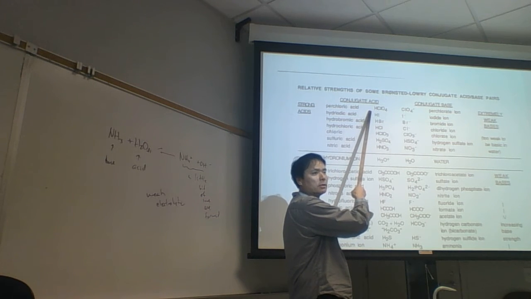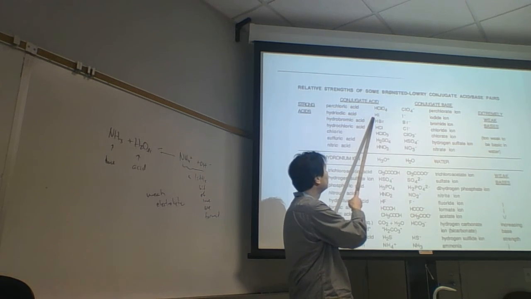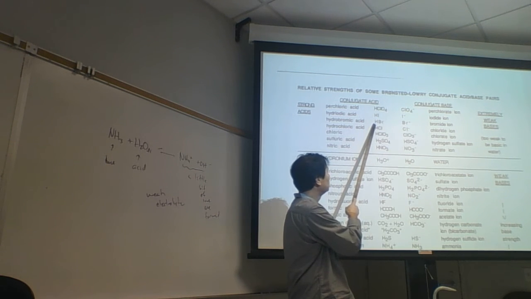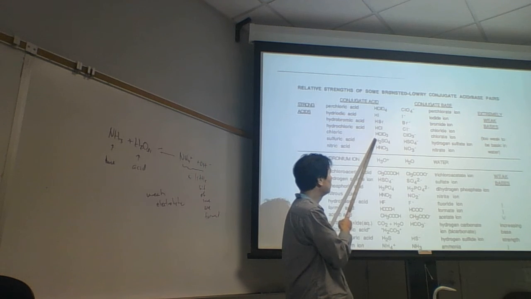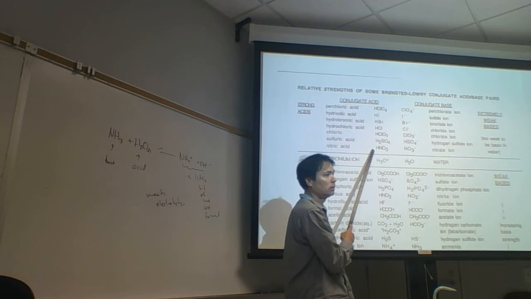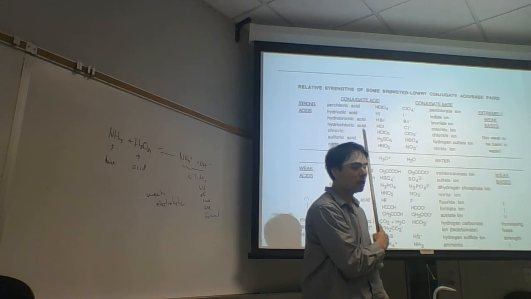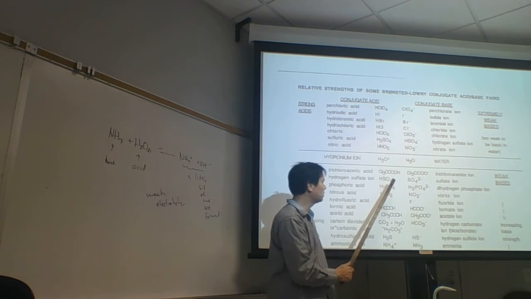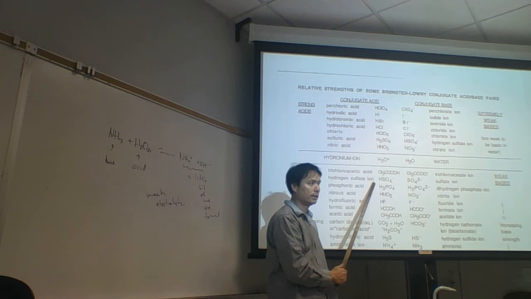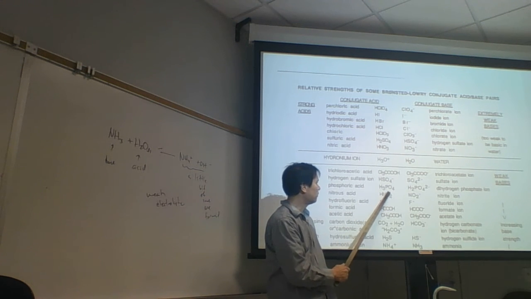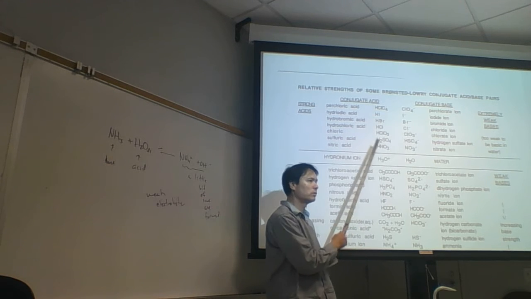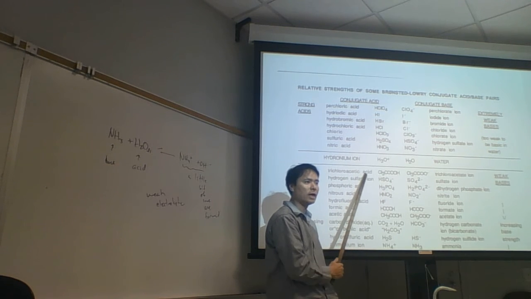At the top is perchloric, hydroiodic, hydrobromic, hydrochloric, chloric, sulfuric, and nitric. If we memorize those and we see another acid, we can assume that other acid is weak, or weaker. And so, for example, phosphoric acid is not one of the 7 strong, therefore it's a weak acid.